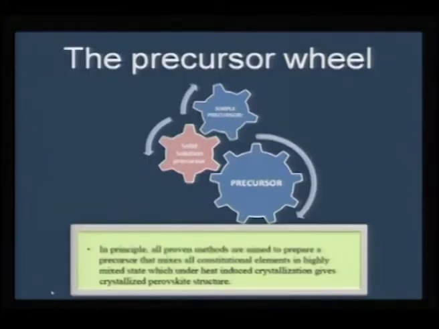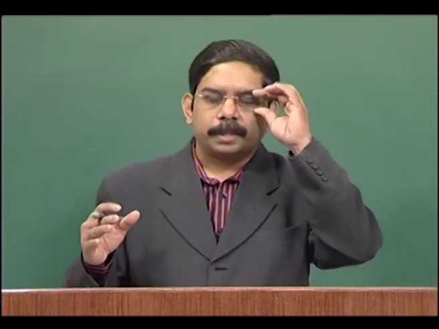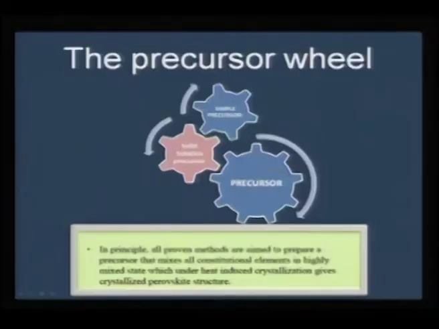Now, having understood a little bit on what this solid solution means, we can extend the same analogy to what a solid solution precursor is. So, coming back to the precursor wheel, we are having a precursor and my aim is to translate this into a metal oxide.